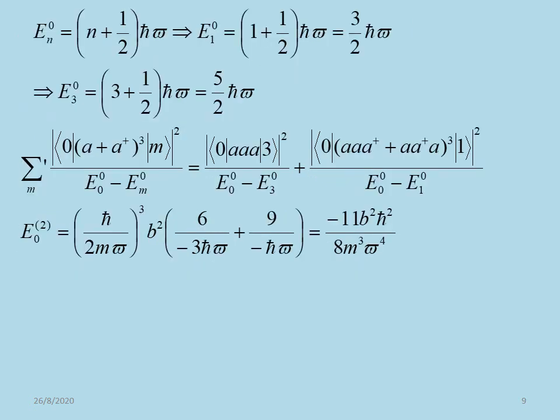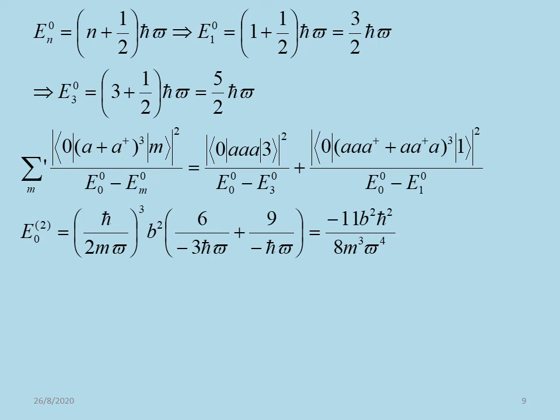So now you substitute the value, and here for the denominator, delta of M prime 0, A plus A dagger whole power 3 M whole square divided by E0 of 0 minus EM of 0. Here one case M is equal to 3 and another case M is equal to 1. If you substitute M is equal to 1, then E1 of 0 is equal to 3 by 2 h cross omega.